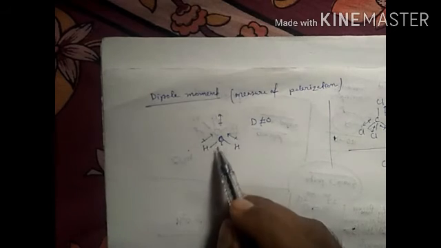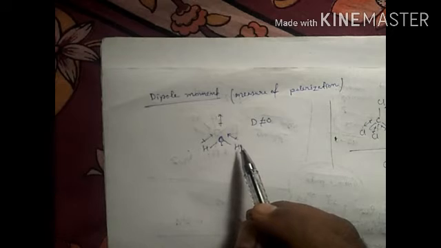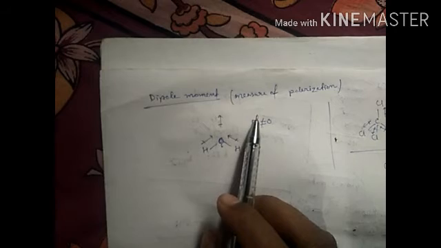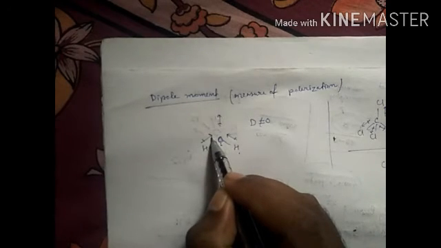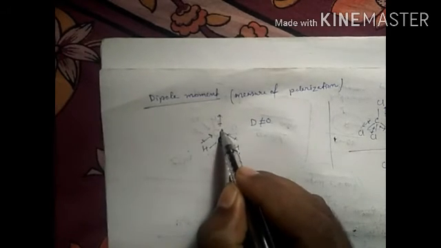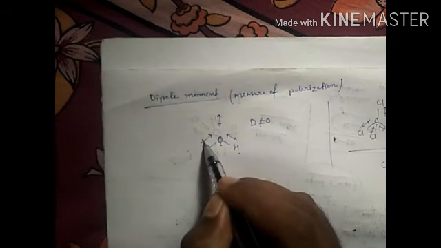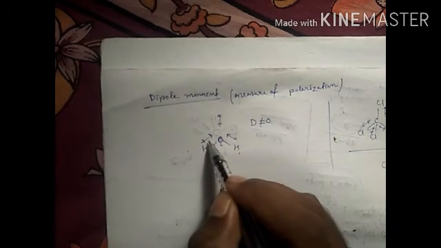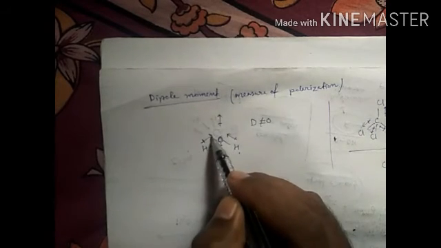This is oxygen, this is hydrogen, this is hydrogen. In the dipole moment concept, we denote the pulling character or pushing character of electron density by this arrow. This sharp arrow defines the electron pulling towards this side, and this plus sign is denoted there. From that side, the electron is pushed towards the arrow side.